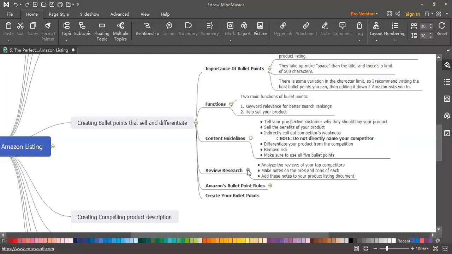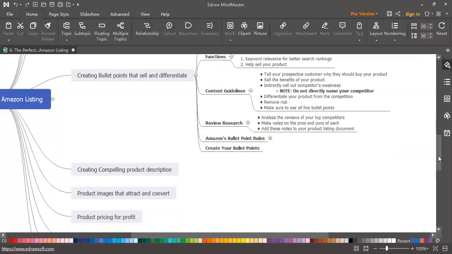What do people like about their product? What do people not like about it? So that we can use it in our bullet points to call out the weaknesses and differentiate from our competitors. Make a note of all those things in a Word document that I will show you in a minute, and we will use that in creating our bullet points.